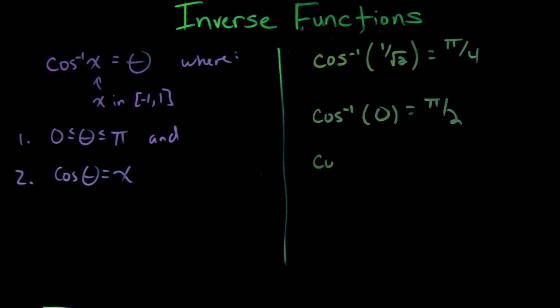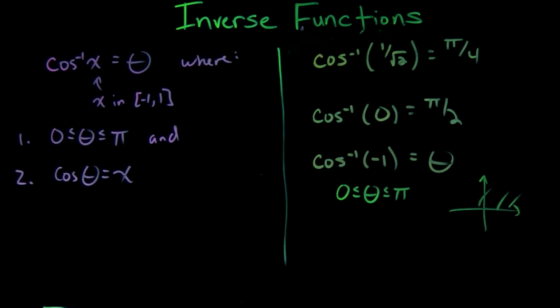Okay, or if we look at the inverse cosine of negative 1, that's going to be some angle theta, where theta is between 0 and pi. So theta is going to be in the first or second quadrant, or on the x-axis. And cosine of theta is negative 1.